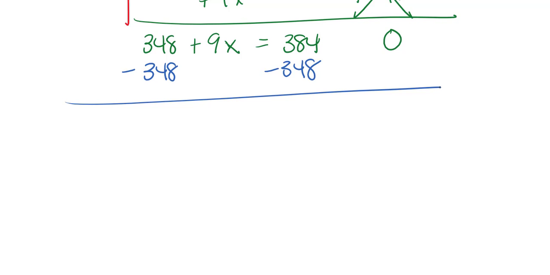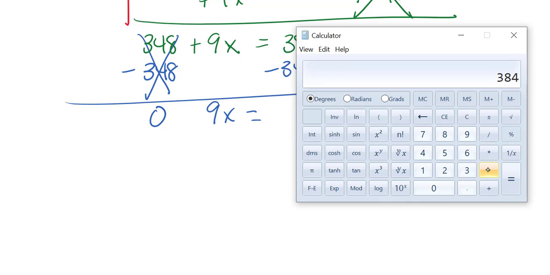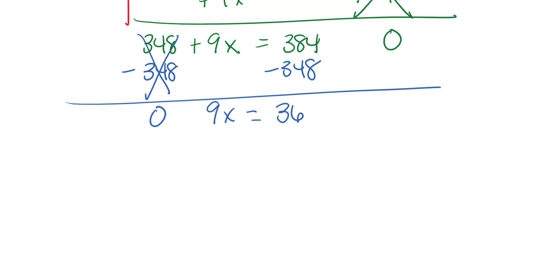I hope you're starting to see a pattern throughout this whole last unit. We've been building on everything here. So this becomes 0. Then we're left with just 9x. Then we have 384 minus 348, which becomes 36. And then our final step, we'll get x by itself by dividing by 9.